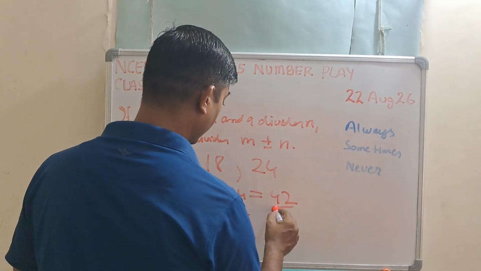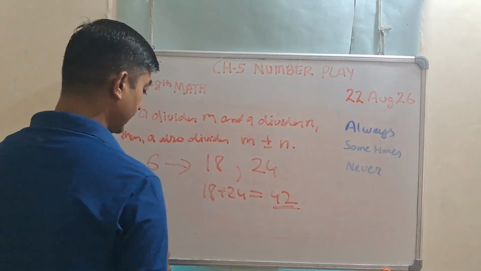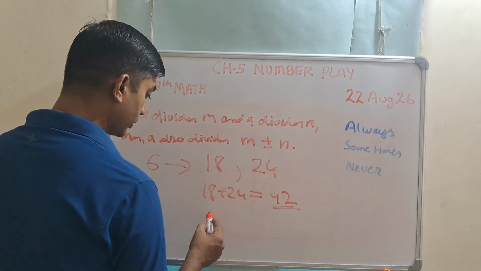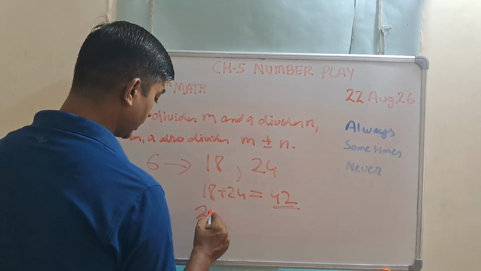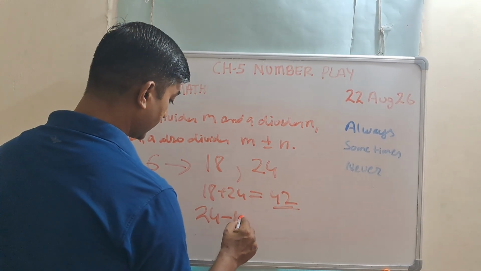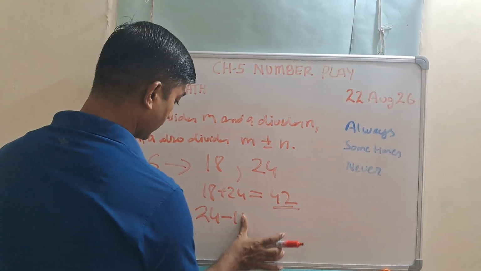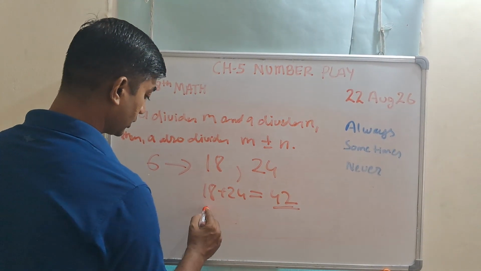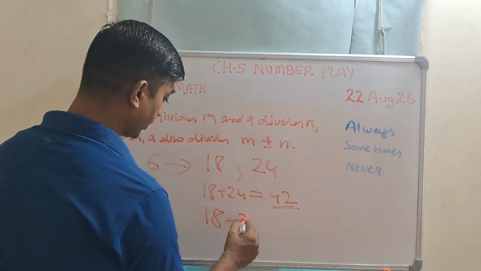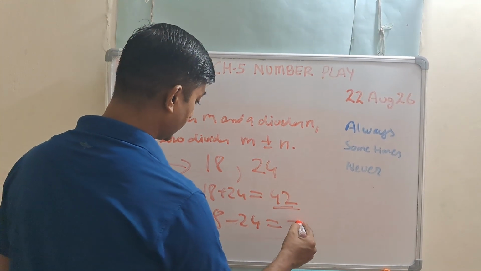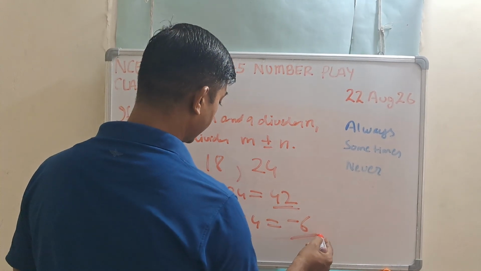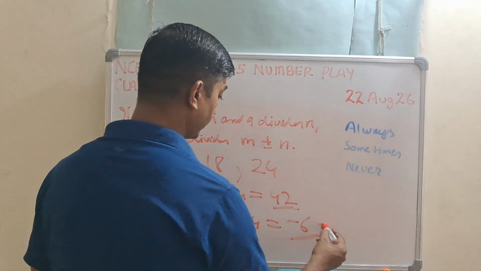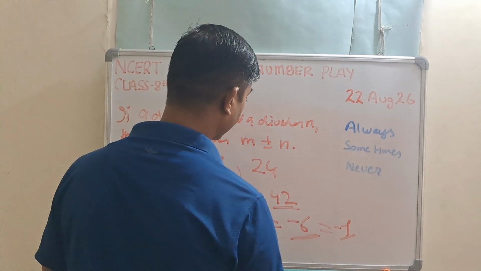In the case of the difference, let's use 24 as the bigger one: 24 minus 18, or as we have written 18 minus 24, we got the result minus 6, and this minus 6 is also divisible by 6, with the quotient minus 1.